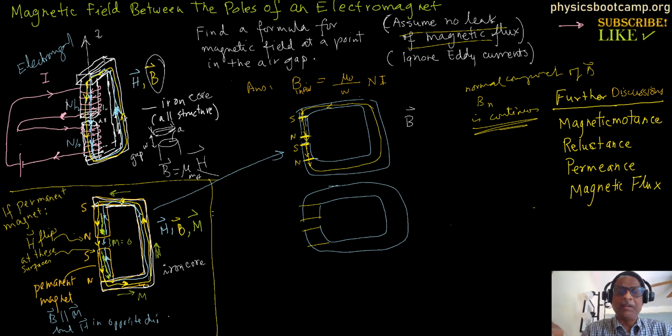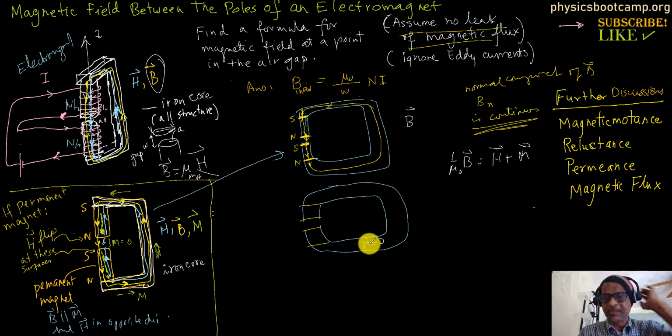When you look at H, which is the blue thing, if you remember, B is mu naught times H plus M. So the M is 0 here in the gap, but in the material, of course, it's going to magnetize it.